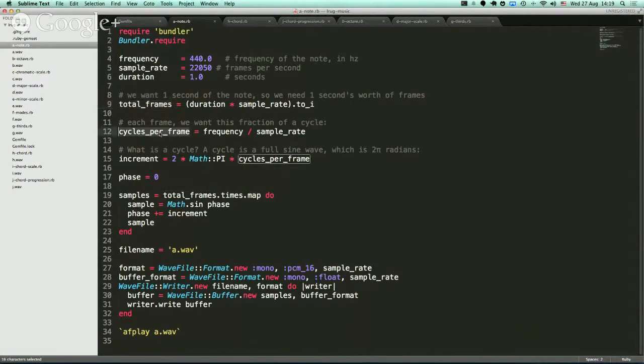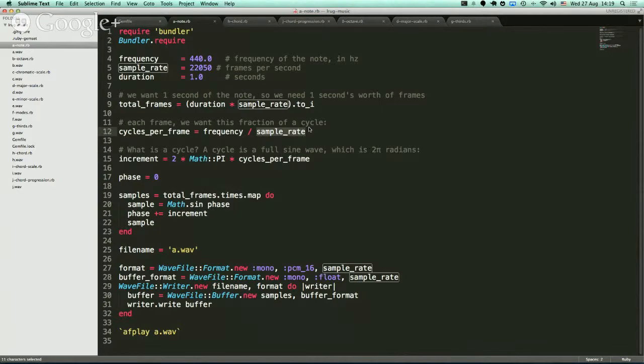And cycles per frame: here he understands a cycle as one sine wave, one wavelength. So he wants to know how many cycles per frame. Frequency is waves per second, and sample rate is frames per second. So waves per second divided by frames per second gives you waves per frame.